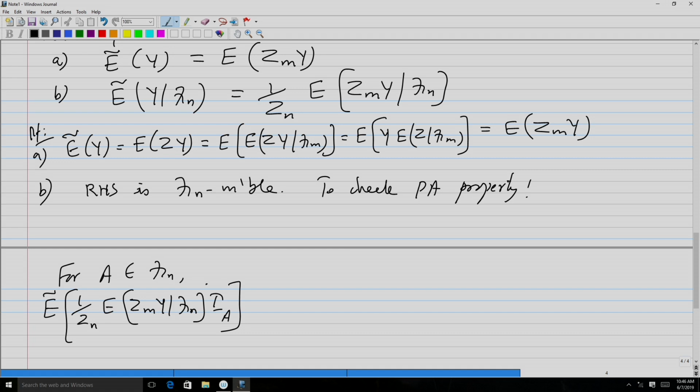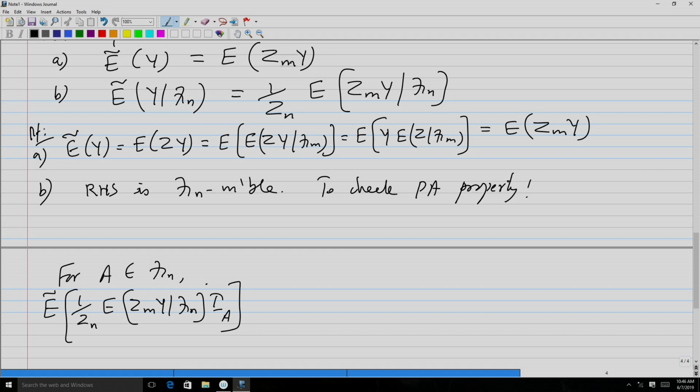Now, if I use part A of this lemma for an F_n measurable random variable, because that is true for any m, then E tilde of that quantity would be equal to E of Z at that point, the Radon-Nikodym derivative process at that point, multiplied by this Y.